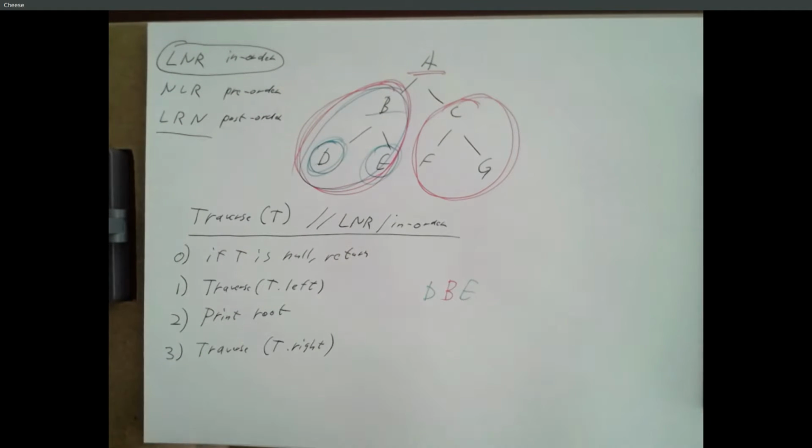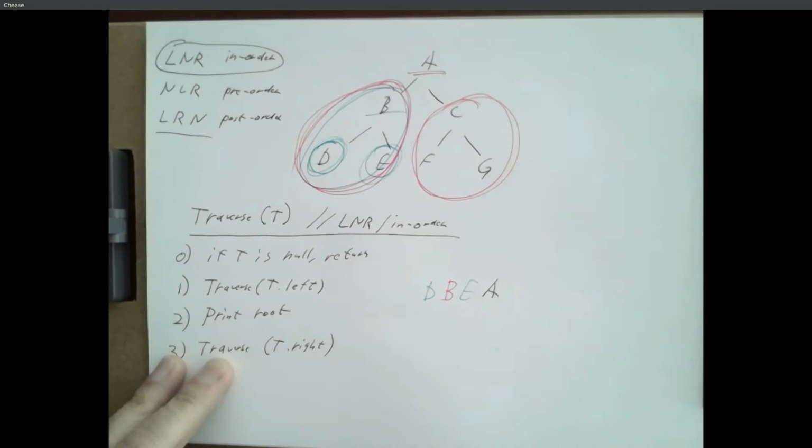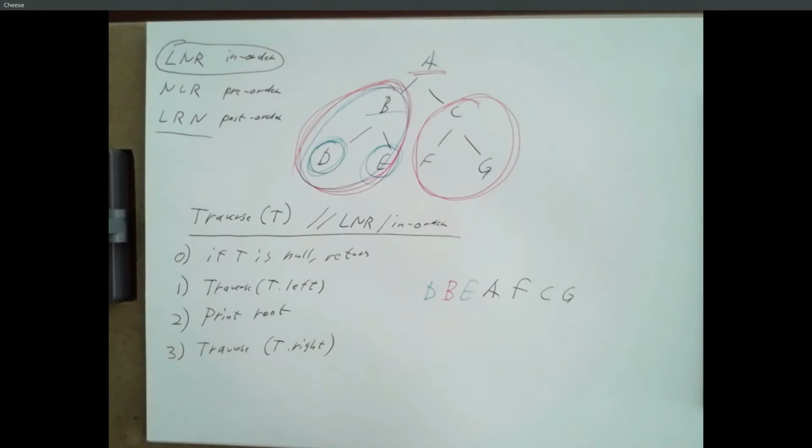And now they're going to print out the root, that's step 2, and then they're going to ask someone to traverse this. And this is going to give you F and C and G.